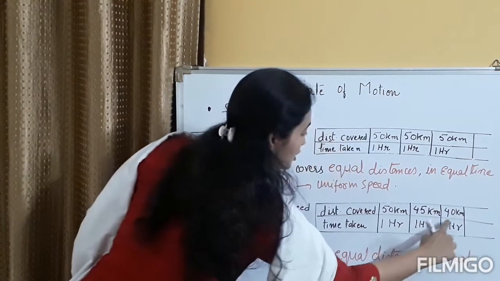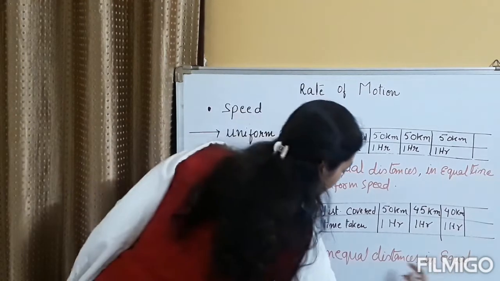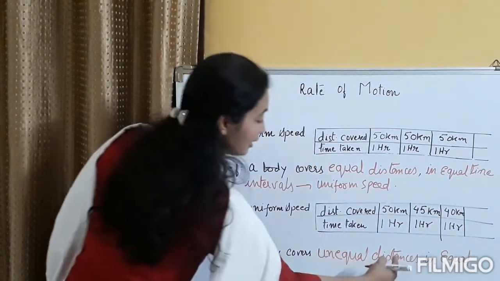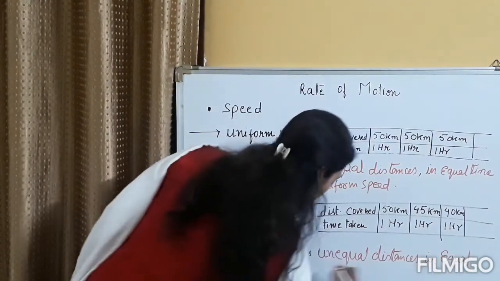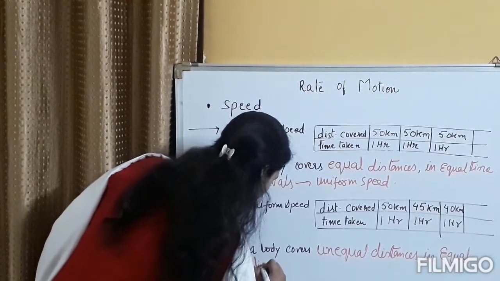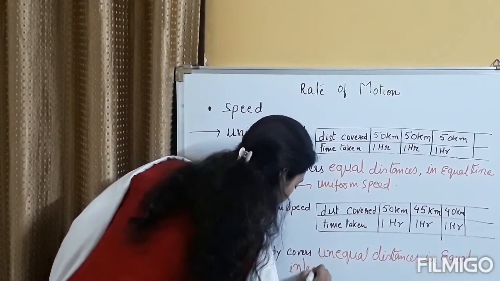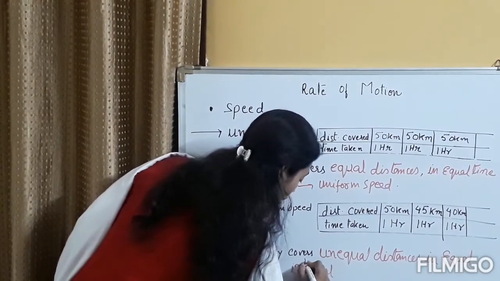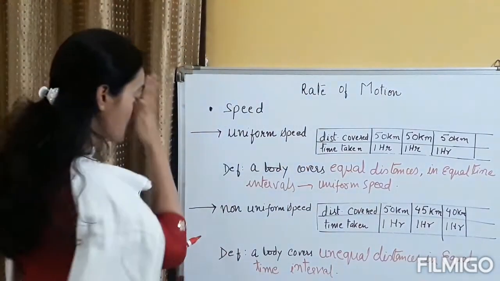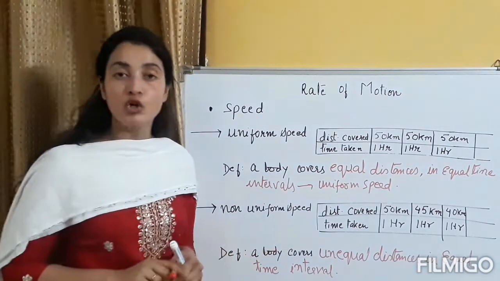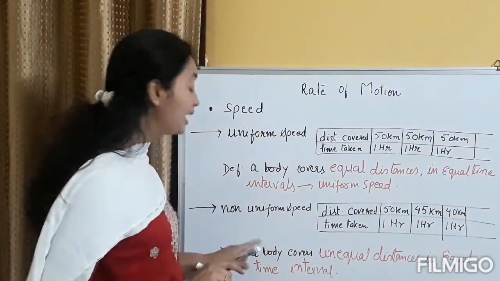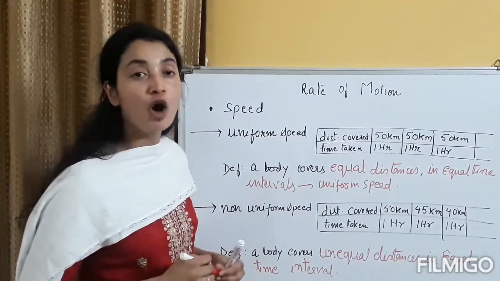You can see the time intervals or slots have been taken equal. A body covers unequal distances in equal time intervals, such a type of motion is called non-uniform motion, and you call the speed to be non-uniform speed.